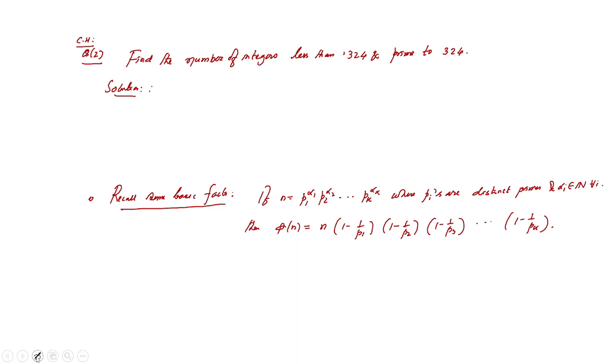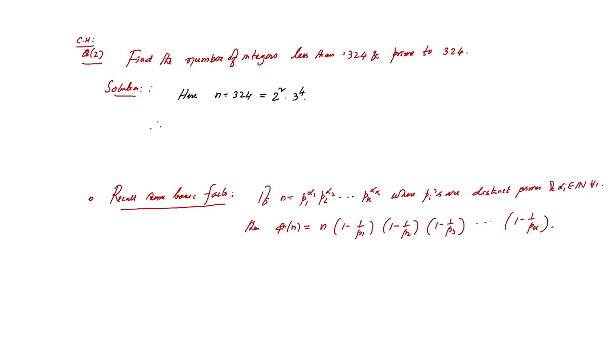So first, you will do the prime factorization of the number 324. So here our n equals 324, and the canonical representation of 324 is 2 square into 3 to the power 4.